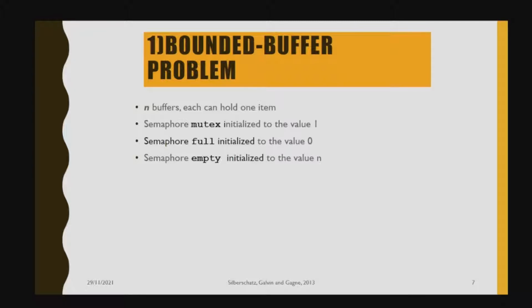So we assign the initial value of the semaphore mutex equal to 1. And then we have another semaphore, full, which we initialize to the value 0, and semaphore empty initialized to the value of n. So we have 1, 0, and n.